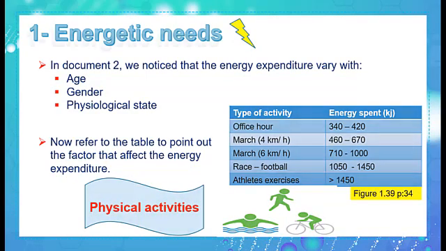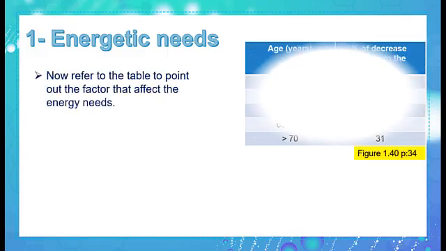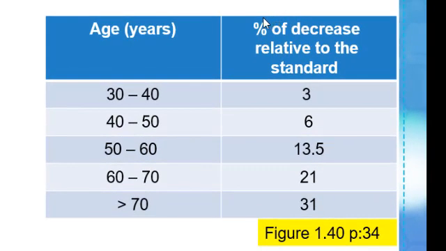Let's now start with another factor that affects the energetic needs. We mentioned previously that age affects the energetic needs. If you look at this table, we have the age in years from 30 to 70 or above 70. What happened to the energetic needs in this table? We have the percent of decrease relative to the standard.